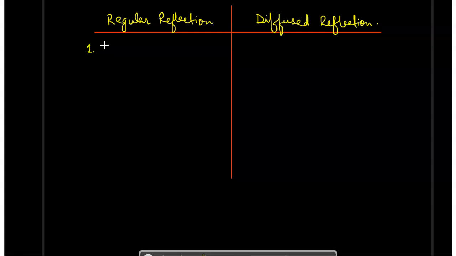Firstly, regular reflection takes place from a smooth, polished surface.